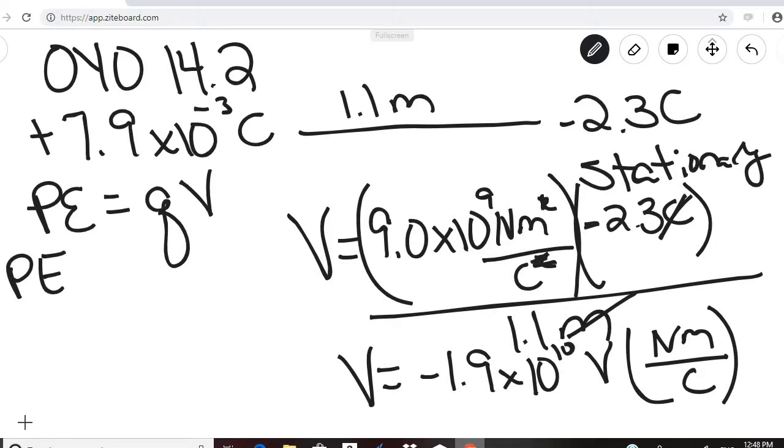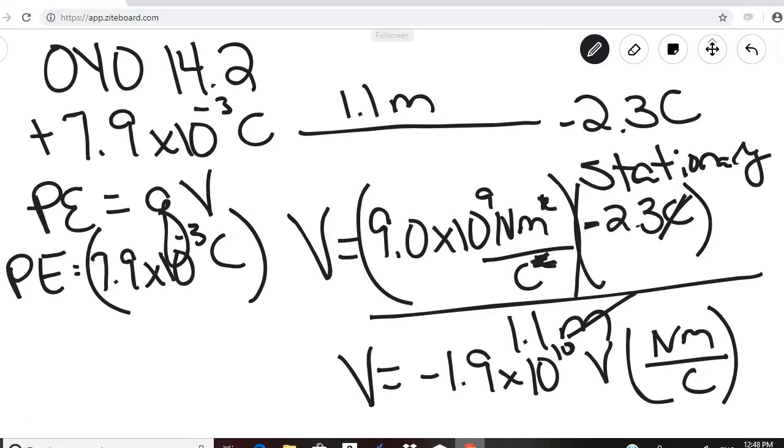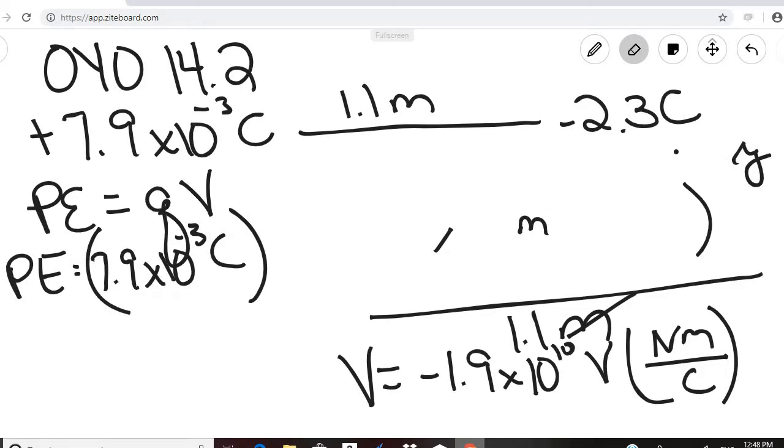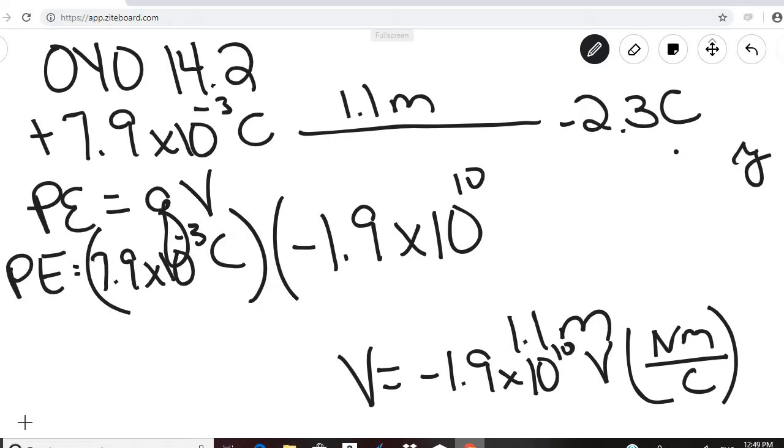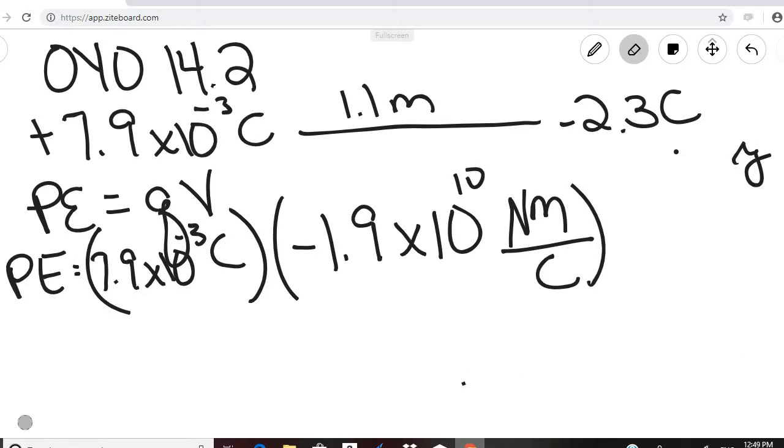So potential energy, now we're going to include the other charge, so it will be equal to 7.9 times 10 to the negative 3 coulombs times the V that we just calculated, negative 1.9 times 10 to the 10, and I'm going to put this in as Newton meters over coulombs so we can see what happens to the units.